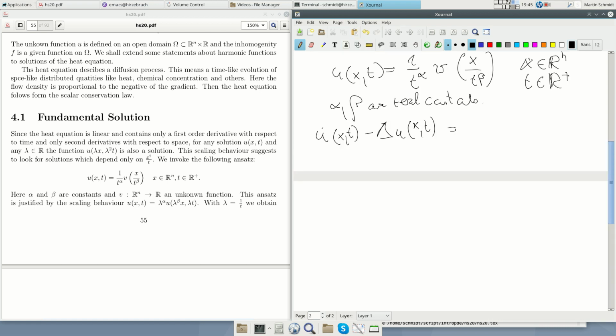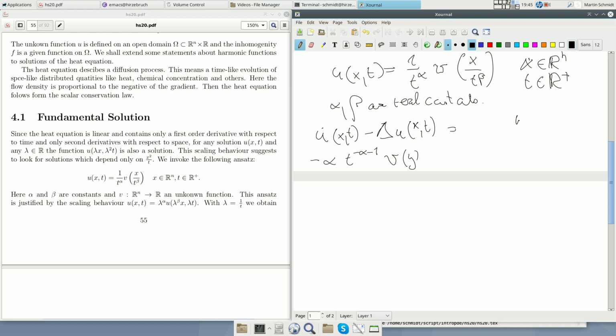First, the derivative with respect to time. Here we have two places. We have to take the derivative at both places. First here, then we have minus alpha t to the power of minus alpha minus 1, times v of y.